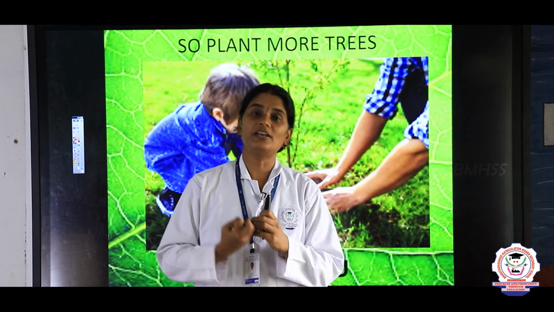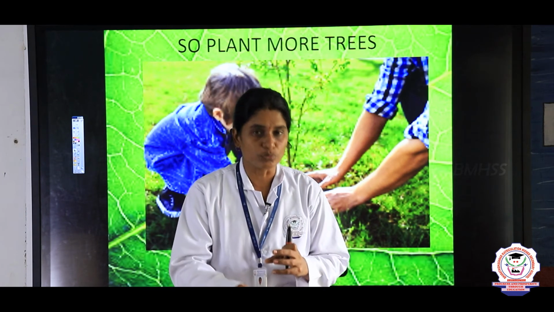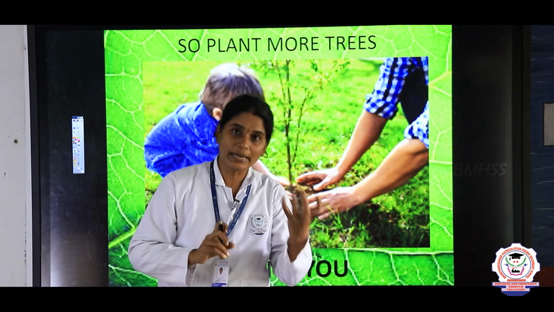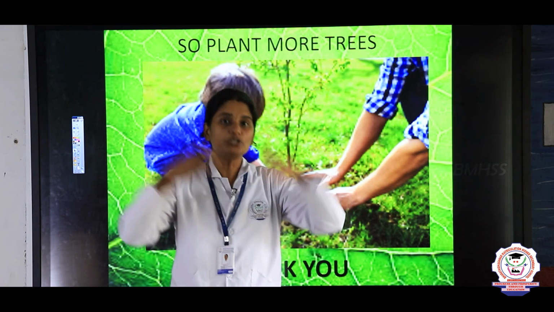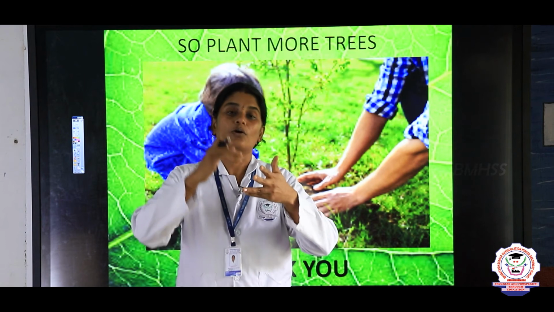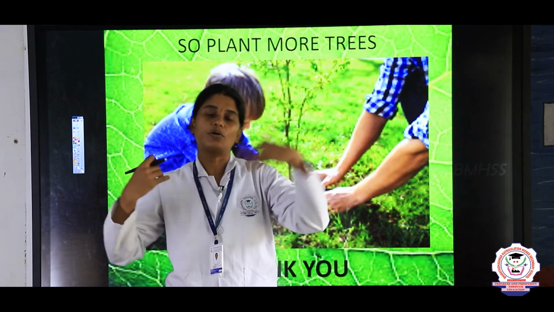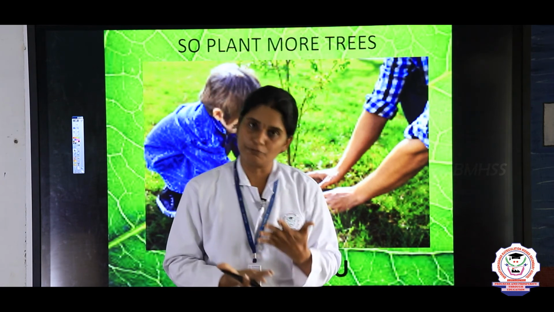The chlorophyll in the leaves absorbs the sunlight, the roots absorb the water and minerals, and the stomata in the leaf absorb the carbon dioxide. They are synthesized together: water, carbon dioxide and sunlight, isn't it? They mix together and prepare the food, right.